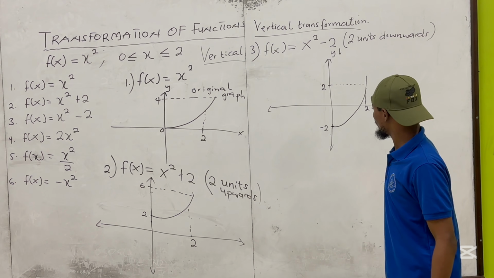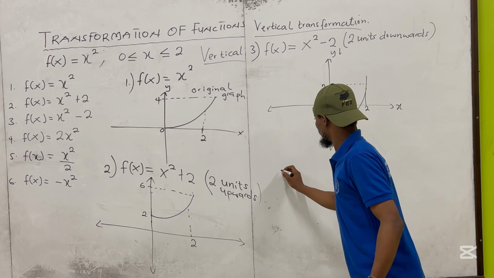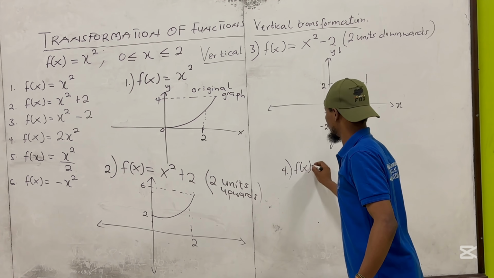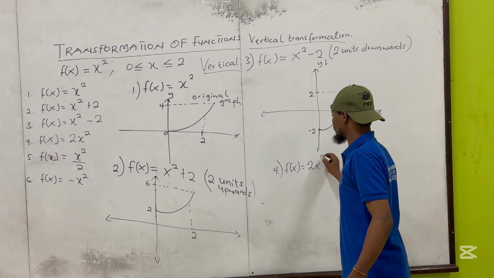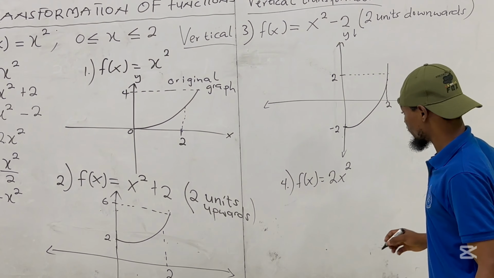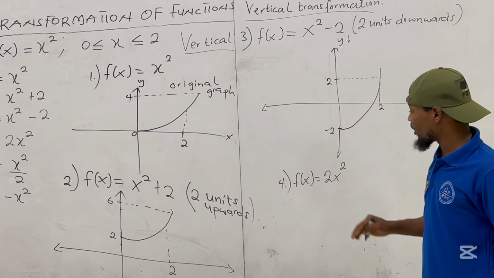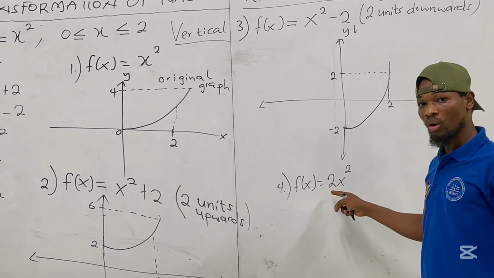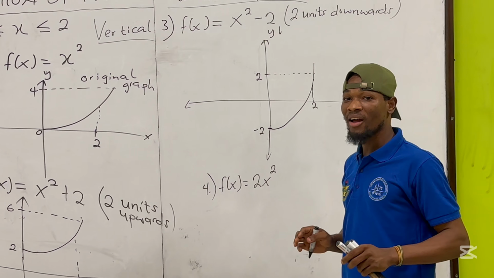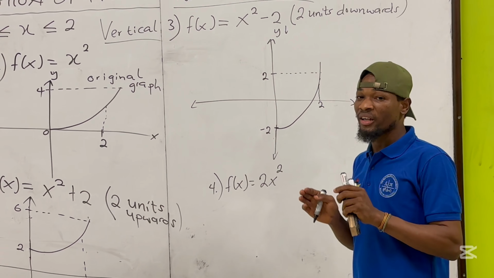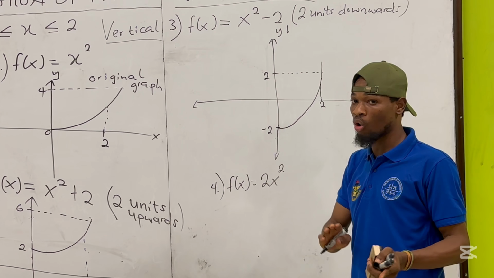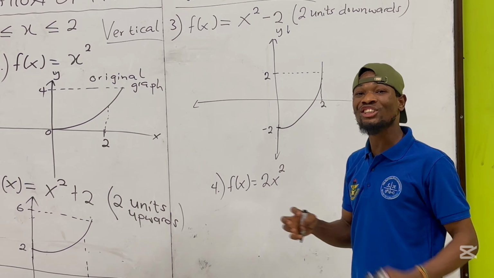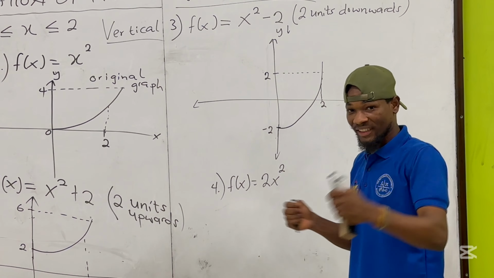And the fourth one, we have f of x is equal to 2x squared. I told you that whenever you have x squared or a function with a coefficient this way, where the coefficient is either a fraction or not a fraction, this calls for stretch, vertical stretch.